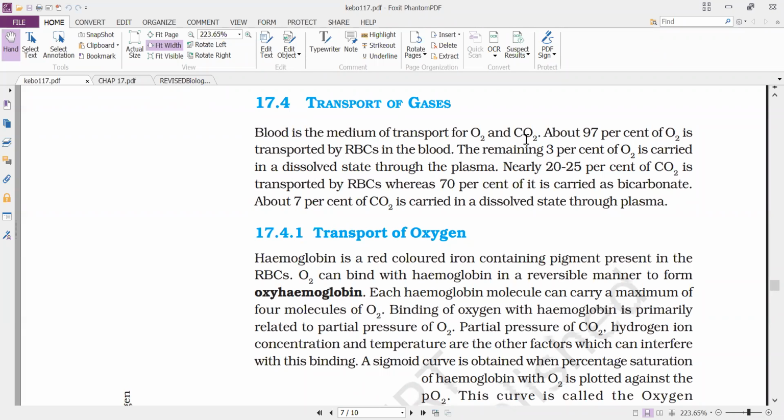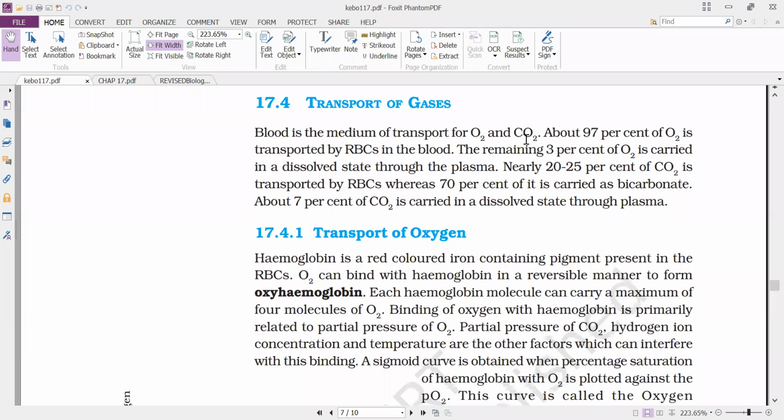And when coming to the carbon dioxide, nearly 20 to 25% of the carbon dioxide is transported by RBC, whereas 70% of it is carried as bicarbonate.